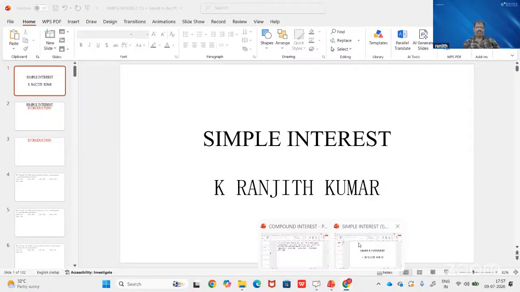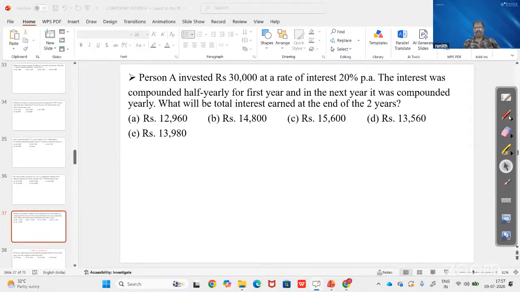So principal equal to 30,000, where R equal to 20 percentage. 20 percentage half yearly is nothing but 20 by 2 equal to 10 percentage. 10 percentage can be written as 10 by 100 will be equal to 1 by 10.